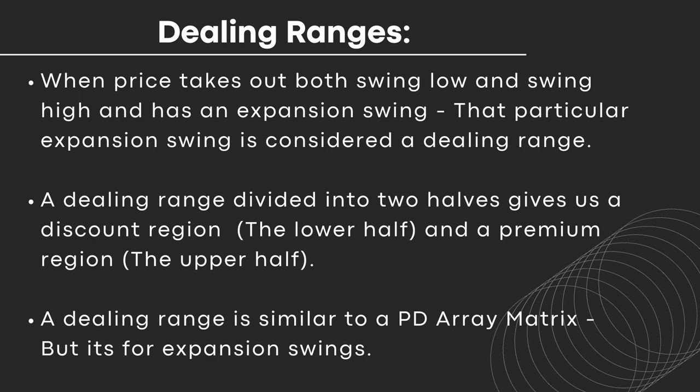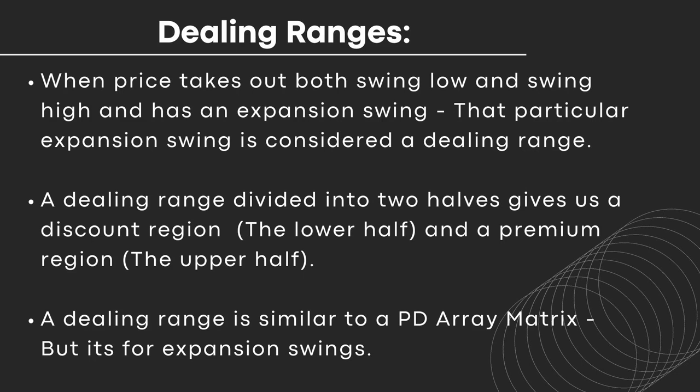This is basically how a dealing range looks and works. A dealing range is formed after price takes out both sides of a range and expands, and when that swing is divided into two halves, it gives us a dealing range with discount and premium regions, which we can potentially use for making better trading decisions, or they can assist us in our higher time frame analysis and thought process.